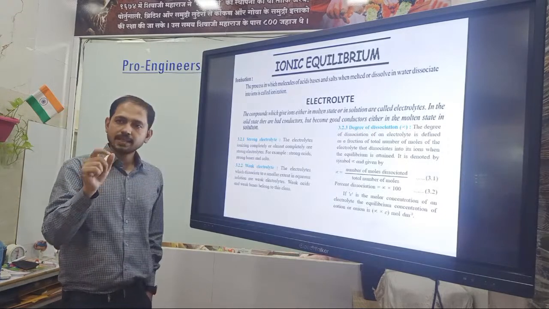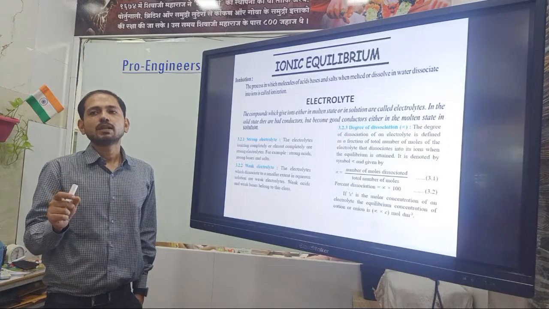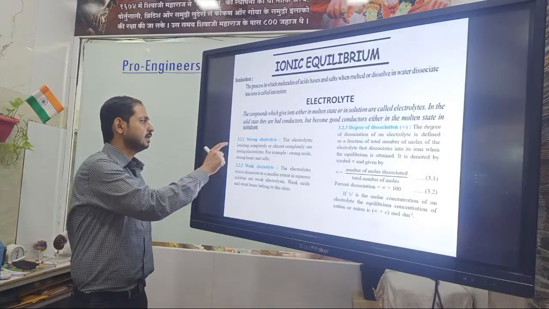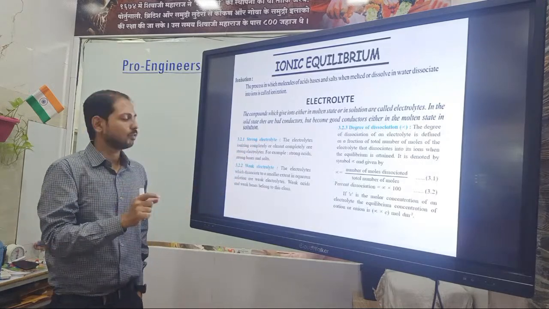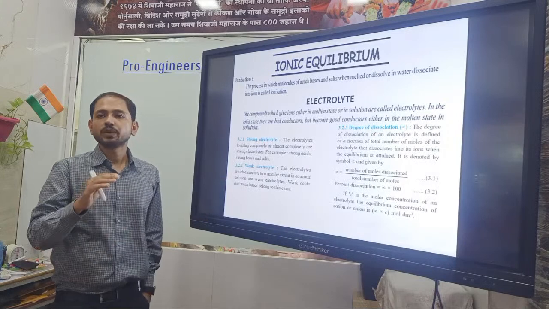These are the examples, right? Strong acids, strong bases and salts are strong electrolytes, and weak acids or weak bases are weak electrolytes.